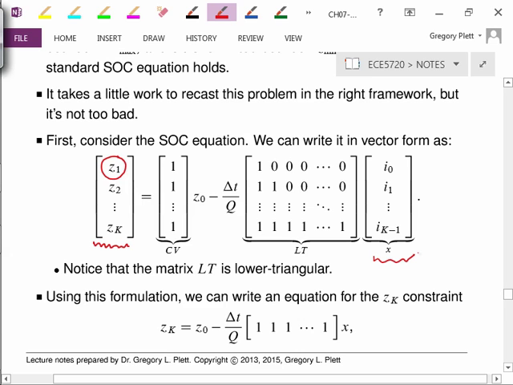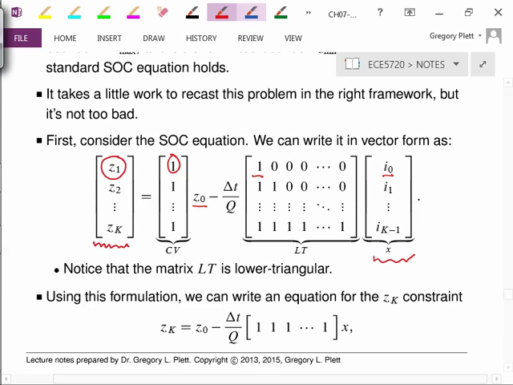So x is current at time 0, 1, etc., all the way up to time k minus 1. So Z1 is equal to 1 times the initial state of charge minus delta t over q, all multiplied by 1 times I0, and that's it. Z1 equals Z0 minus I0 delta t over q. That's it.